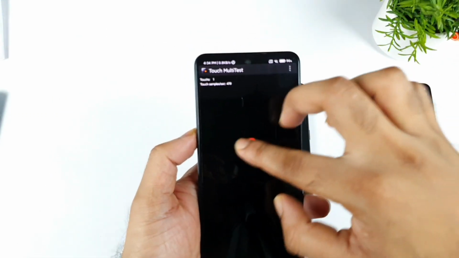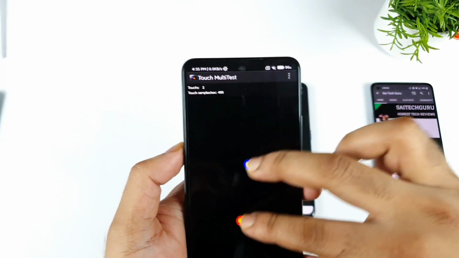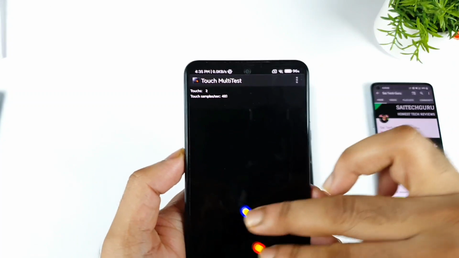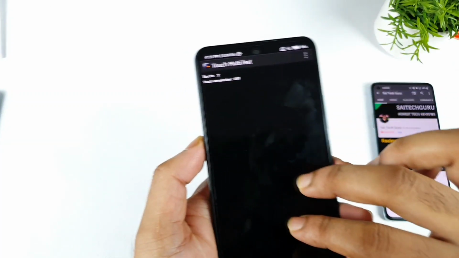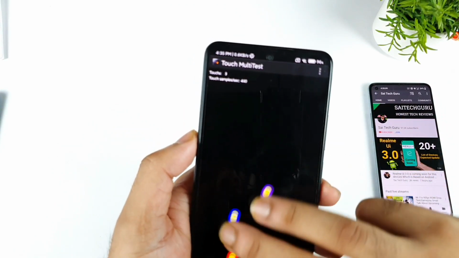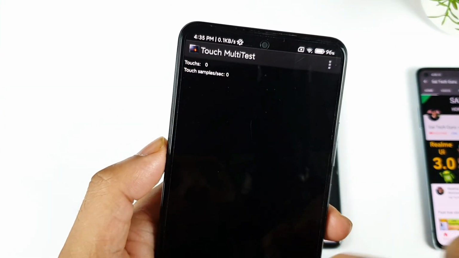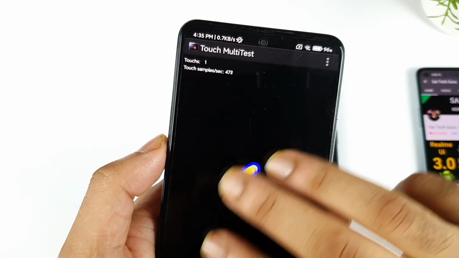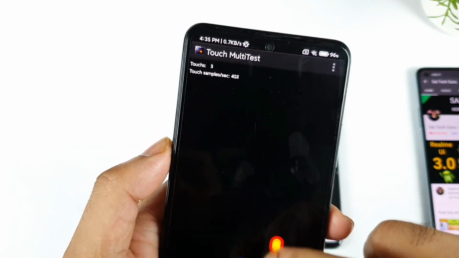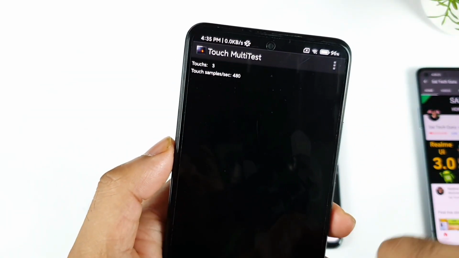Let's test with multi-finger gestures. With a single finger it's maintaining 480, and with two fingers it's also maintaining 480. I'm unable to focus exactly, but still. Now three fingers, let me slightly zoom in. You can see the touch inputs as I touch the screen.